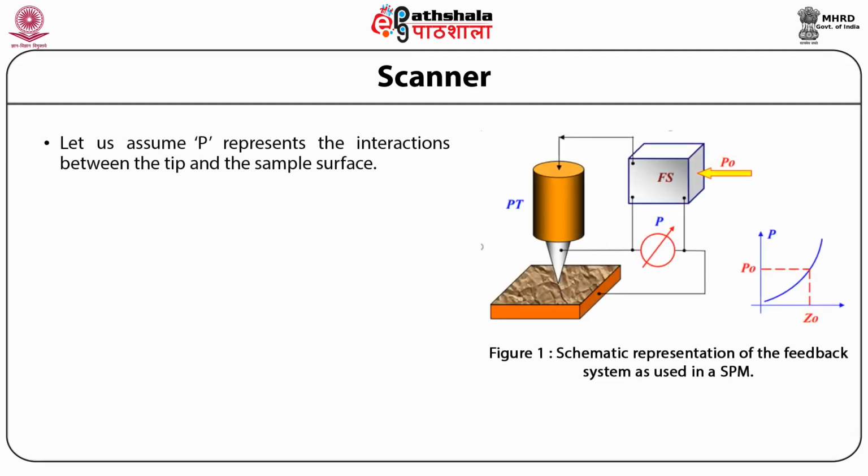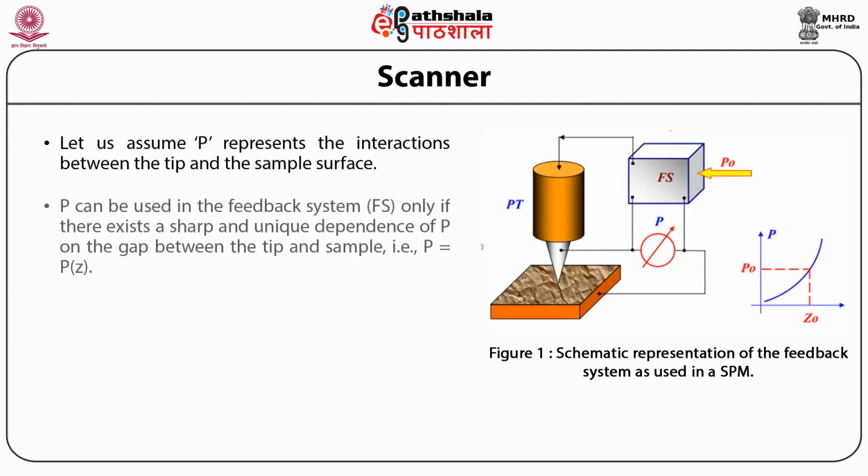Let us assume that P represents the interactions between the tip and the sample surface. P can be used in the feedback system, that is FS, only if there exists a sharp and unique dependence of P on the gap between the tip and the sample.